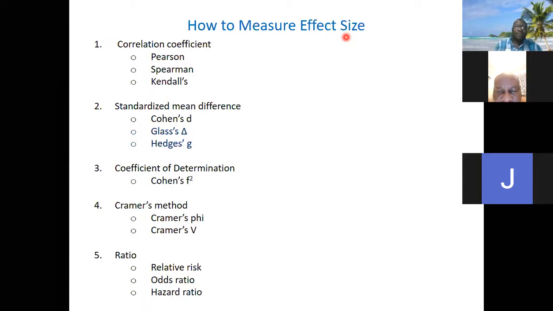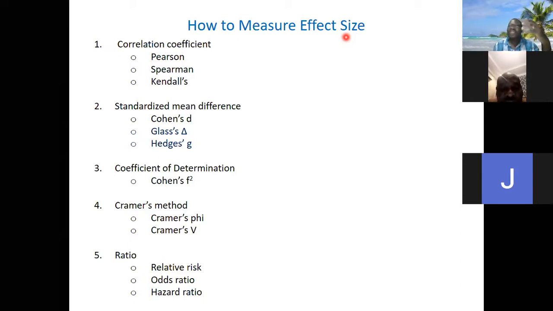Then the coefficient of determination, when we talk about linear regression, we talk about that coefficient R squared. And you'll be surprised, it's related to correlation. For Pearson correlation, the coefficient of determination is Pearson's correlation squared.